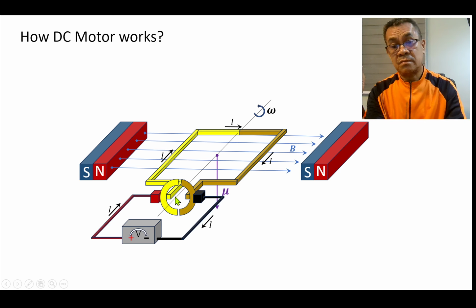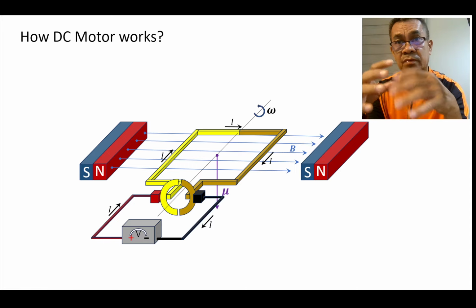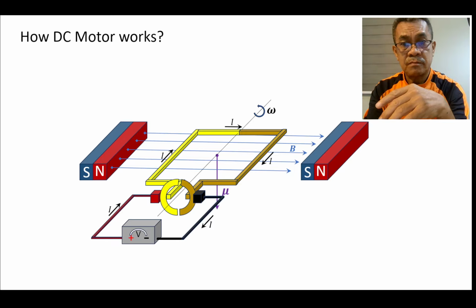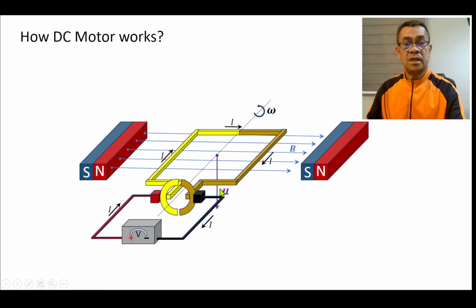Remember, semicircle means the angle is 180. So the current will reverse for every 180 degrees. Reversing the current direction means reversing the direction of mu. And take note, mu will interact with the magnetic field. That's why the motor works.